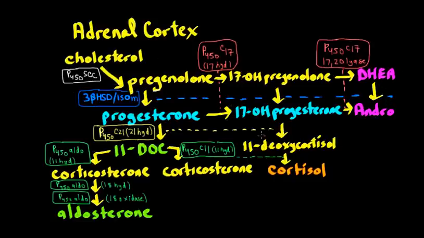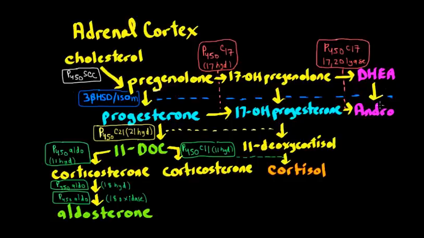So if I had, for example, a 21 hydroxylase deficiency, then the only place for me to go is to make androgens. And you can imagine that if it's an XX female fetus, it's going to be exposed to a lot of extra androgen, and that's going to masculinize and potentially virilize the fetus.